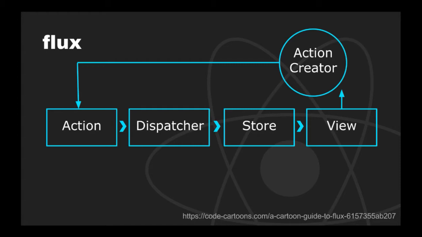So it is really interesting, and I strongly recommend you to check it after this talk. Now we have a new character here, which is the action creator. So we're going to try to explain how Flux works by connecting the view through the action creator, which is going to generate our action, and that's going to go to the dispatcher and store and so on.